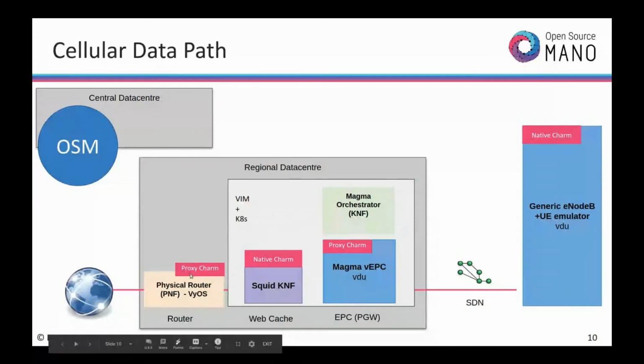For our web cache, which is backed by a piece of software called Squid, we're going to be demonstrating a native charm. For the web cache, we're building a Docker container for Kubernetes that contains both Squid and the orchestration software that we want. We'll get into details on that this week. For the vEPC, again, as a VM, we're going to be showing this working with a proxy charm.